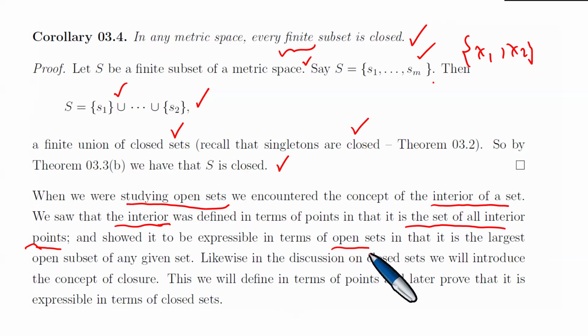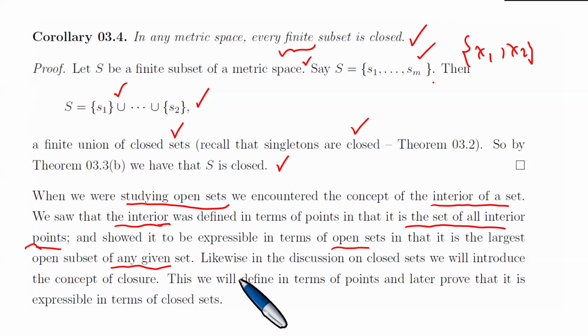There is a theorem, obviously, in the former section. So you can write the interior of a set in terms of open sets, in that it is the largest open set of any given set. The largest open set of any given set is called the interior, right?